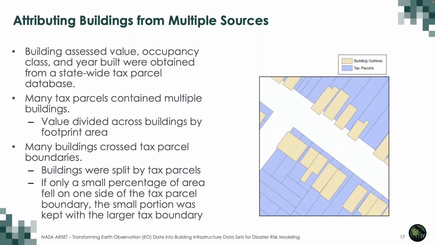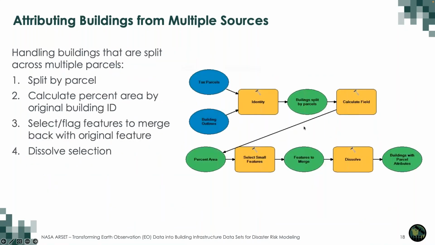After we split the buildings by the tax parcels, we had an algorithm to decide whether that split was a case like here on the corner, where we wanted two buildings, or a case like here where there's just a small part of the building that crosses the parcel line, and that should stay with the original building. And that algorithm looks like this in GIS.